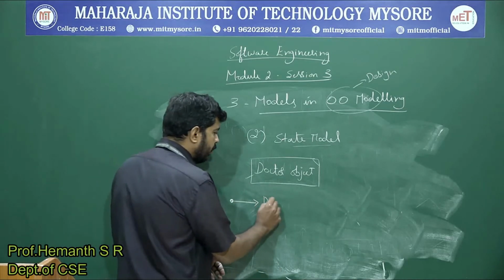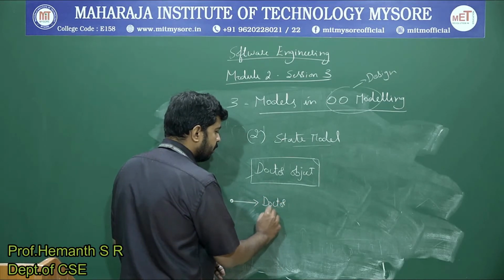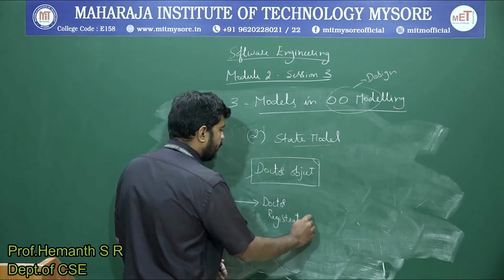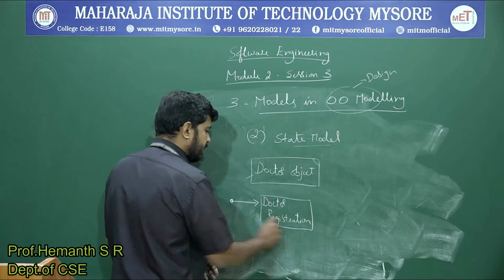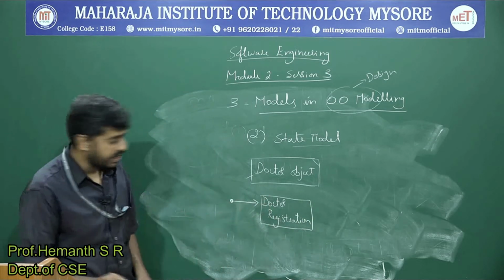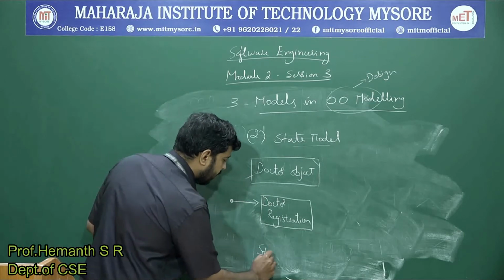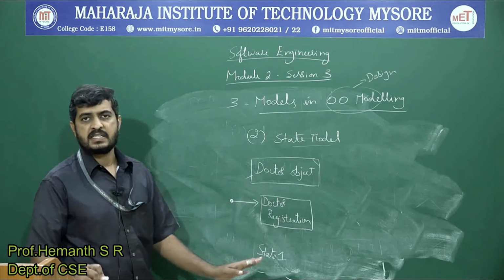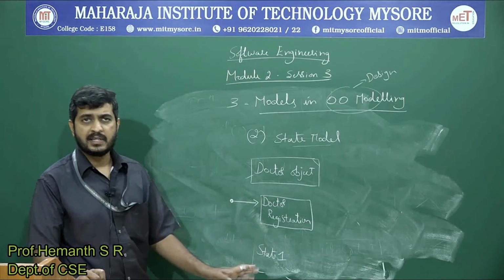Maybe he would register his details. Okay, he is registering his details. So the doctor object is in one state. We will call it state 1. State 1 of the doctor object in this example is he is registering his details.